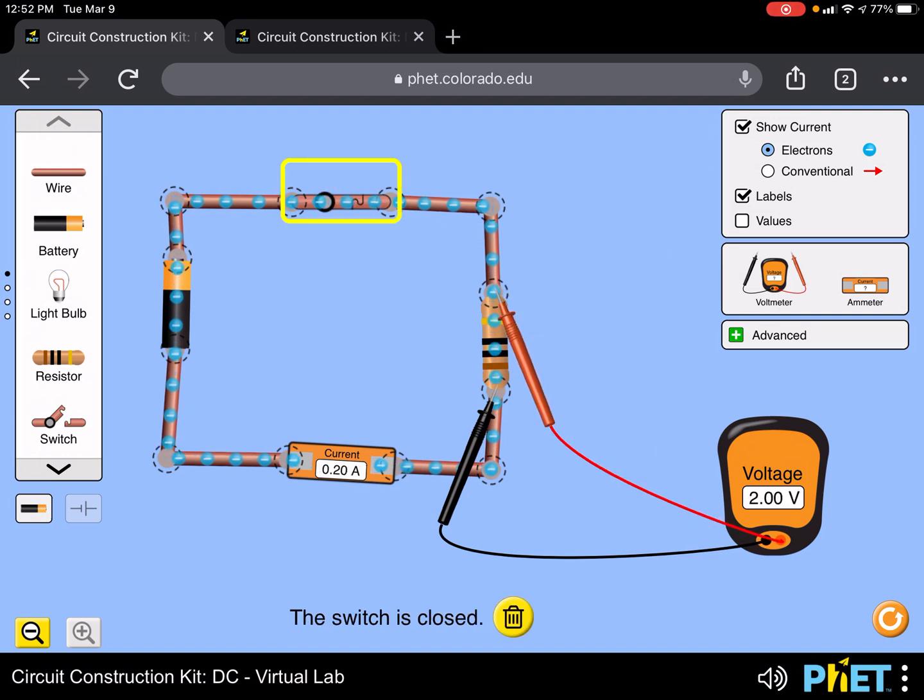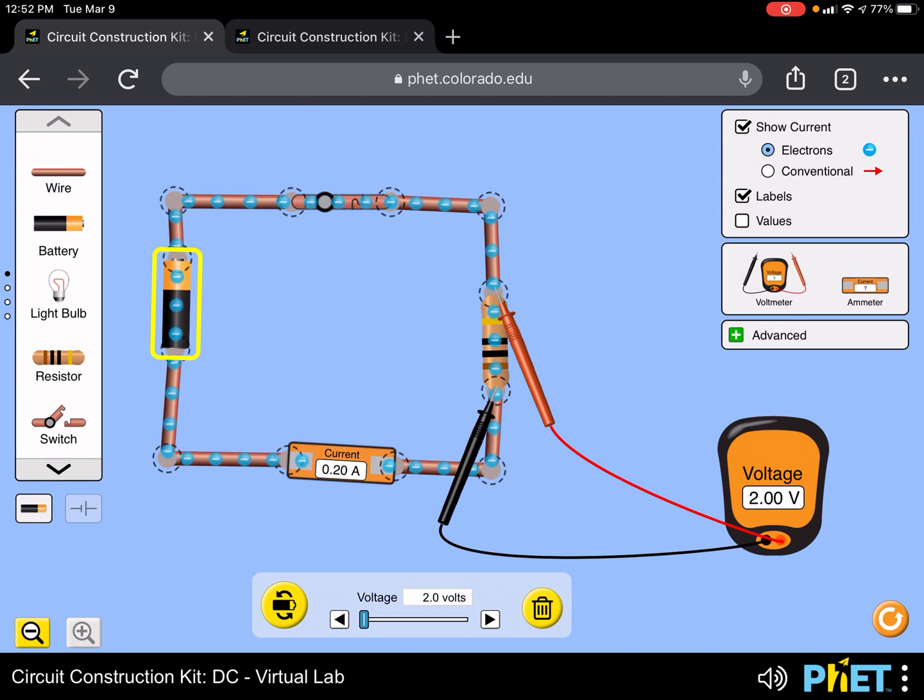Closing this, we get about 0.2 amps of current. If I increase the voltage to 4, you can see the current has gone up to 0.4 amps. 6 volts.